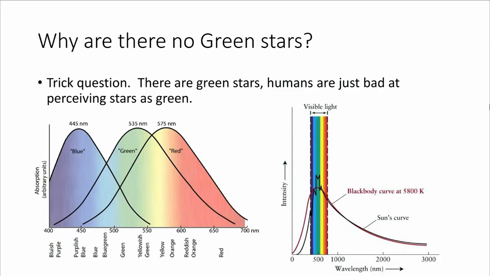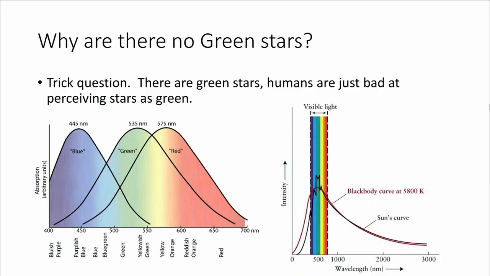So basically what's happening is any star that's going to peak in the green is also going to be hitting our red sensitive cones. It'll activate the green and the red sensitive cones. And so there's red and yellow and orange in between these, and so there's no way to only activate the green photoreceptors.